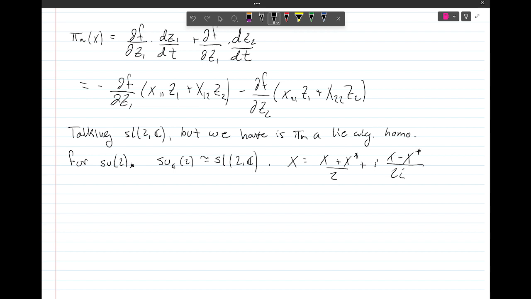And in particular, each of these components are in the SU group.